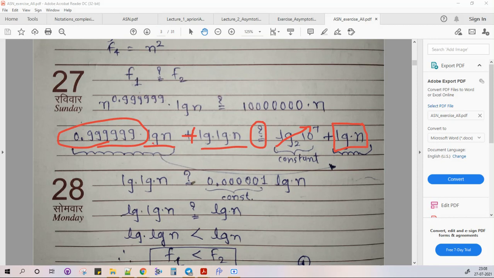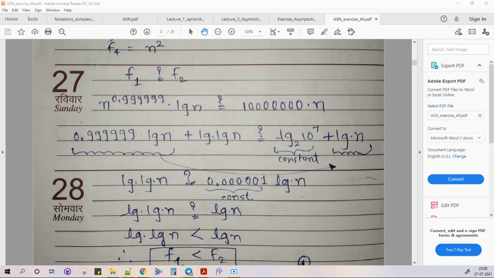If you take a larger value of n, this will go down actually. This is less than 1, 0.9999, right? So now we need to compare this log n with log n, because these two are exactly similar terms. That's why you can take this thing on the right hand side.